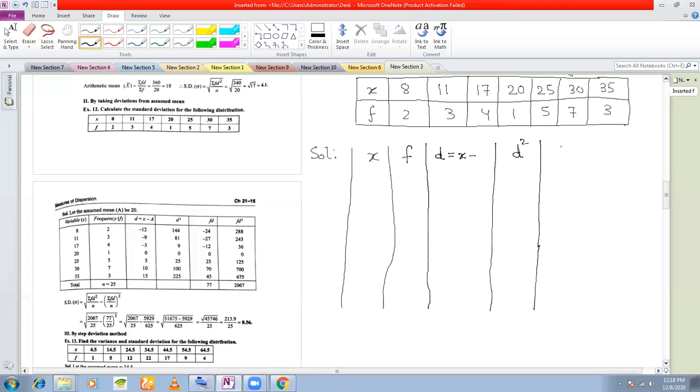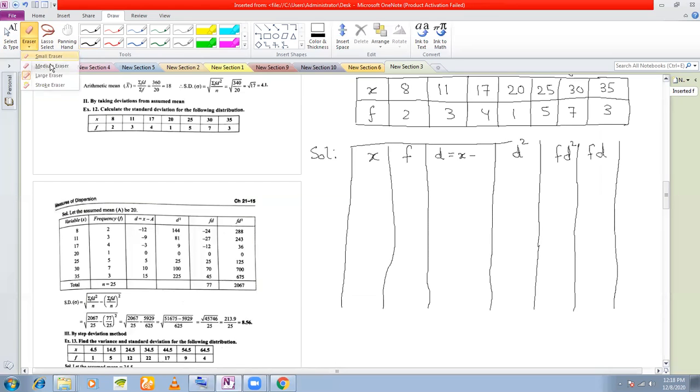Next column is for F D square, that is frequency into D square. The next column that we are going to make is the product of frequency and the deviation, FD. These are the columns that are required. Why are these columns required? Because our formula demands these columns.